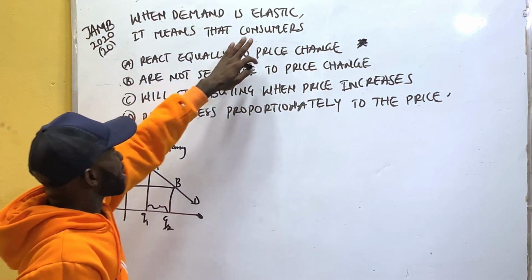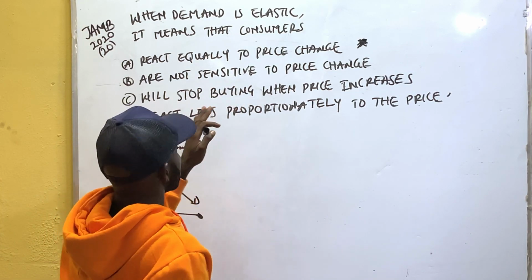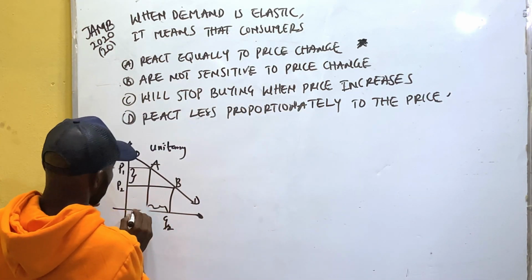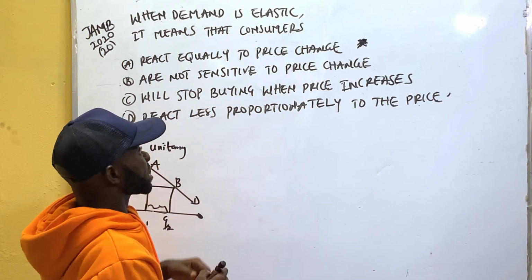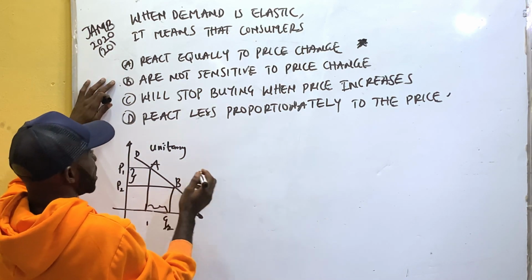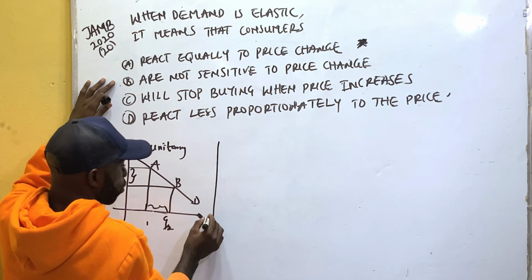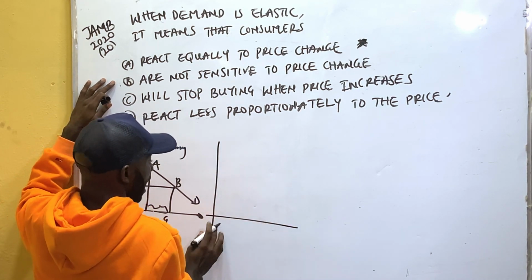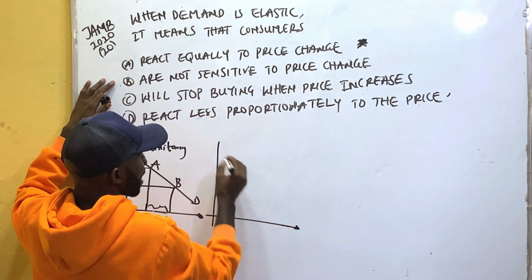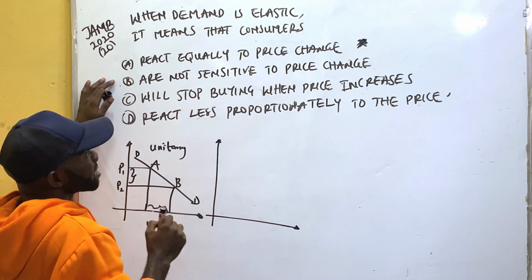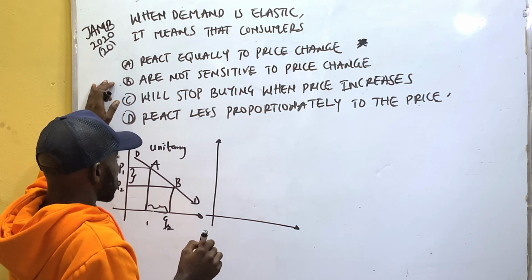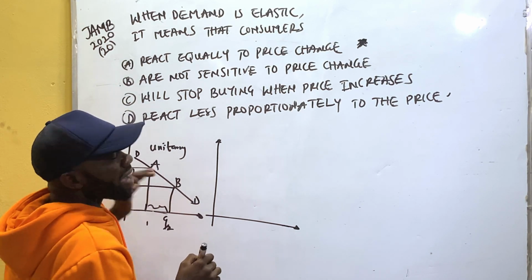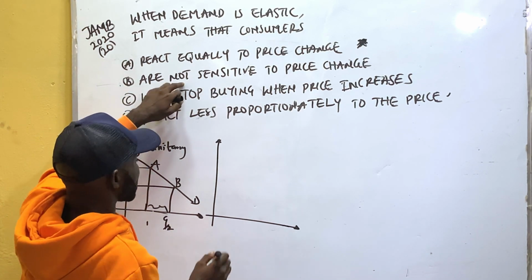They said consumers are not sensitive to price change. No. They will have to be sensitive. If they're not sensitive, then we are saying that what the consumers have is a price elastic demand that is perfectly inelastic.